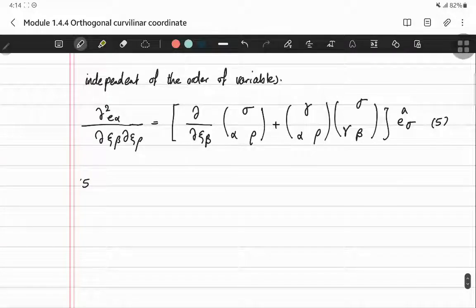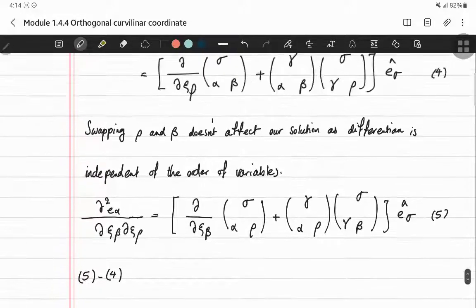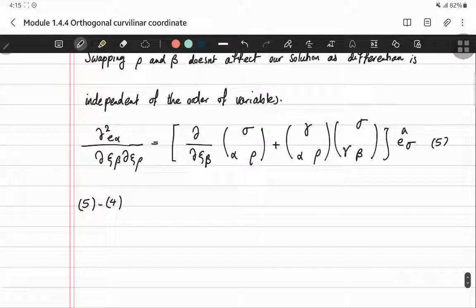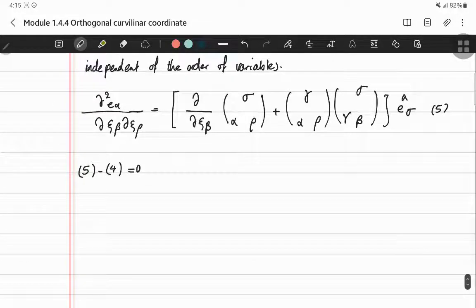So if you subtract 5 minus 4, they should be equal. So if you subtract them from each other, they become 0.